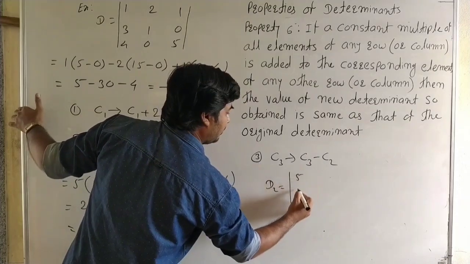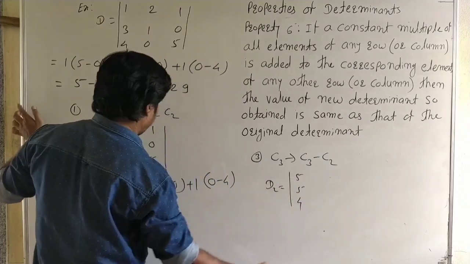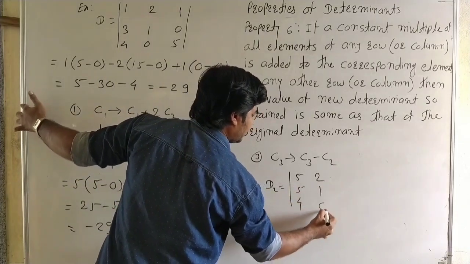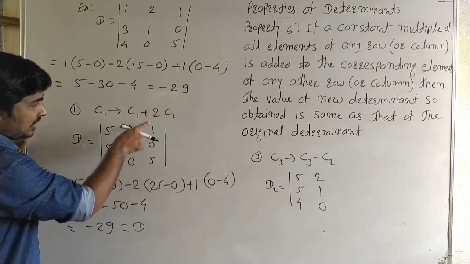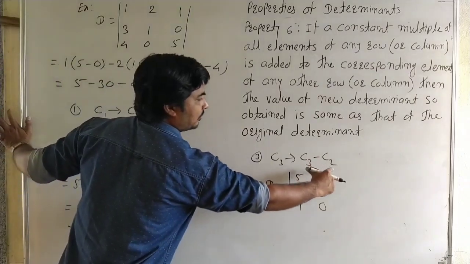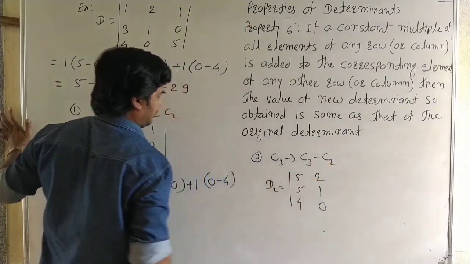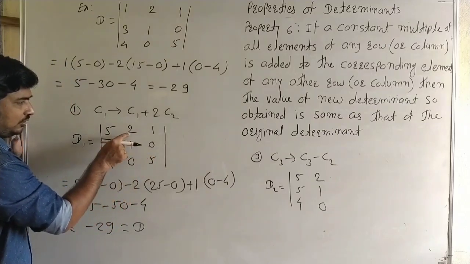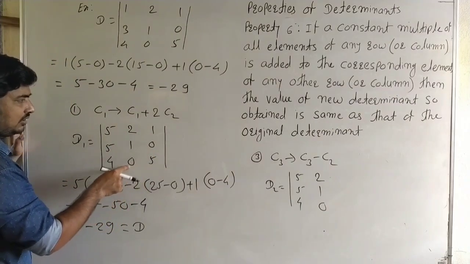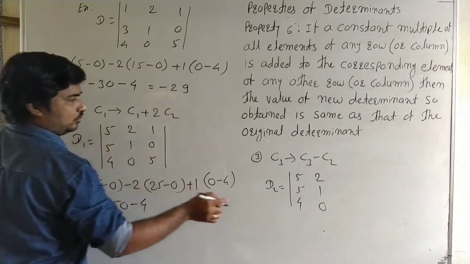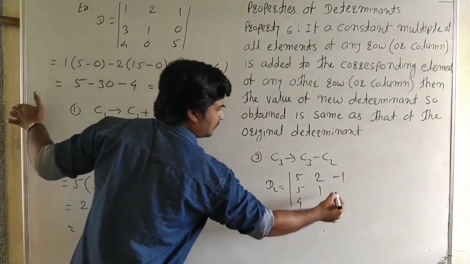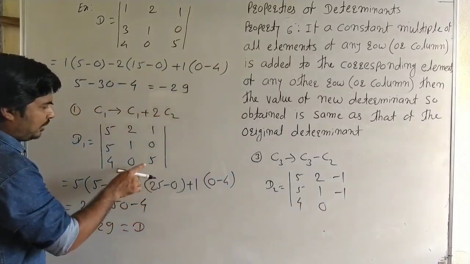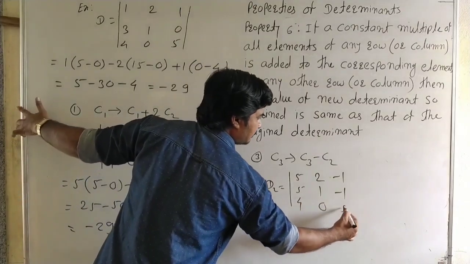C1 is 5, 5, 4, and C2 is 2, 1, 0. Now C3 is replaced by C3 minus C2. 1 minus 2 is minus 1, 0 minus 1 is minus 1, and 5 minus 0 is 5.